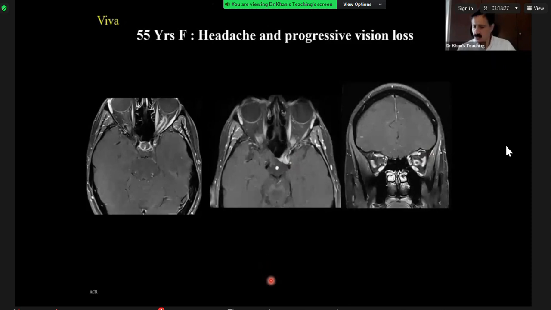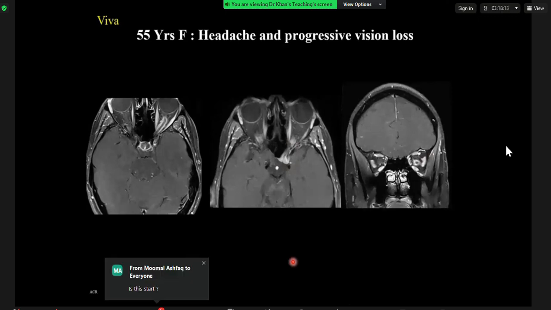Yes, candidate one, over to you. So on the selected MR images, the left-sided optic nerve has got a tram track enhancement, and I can see that on the coronal images as well.